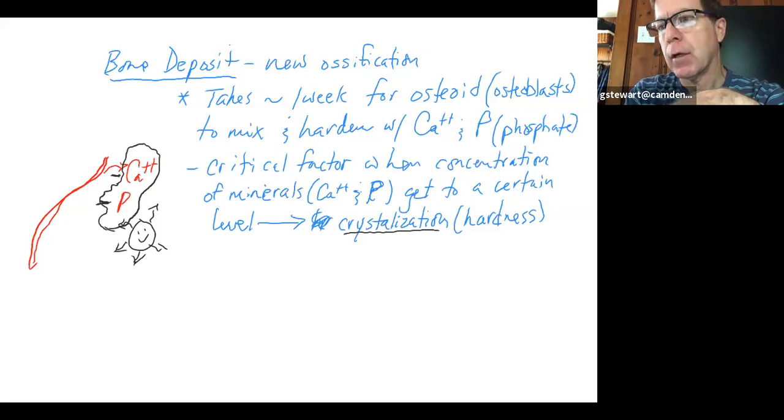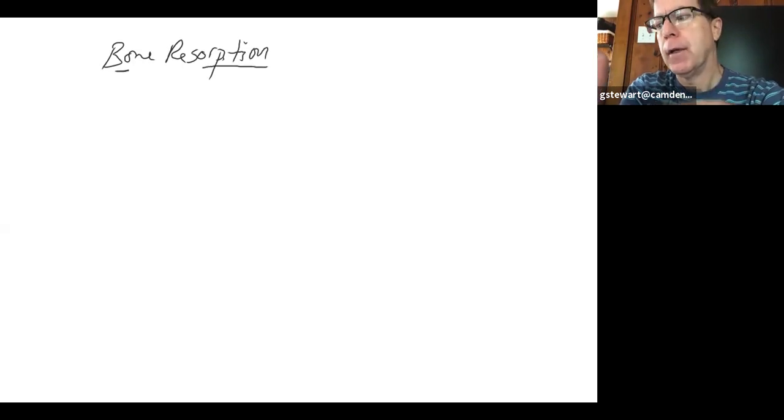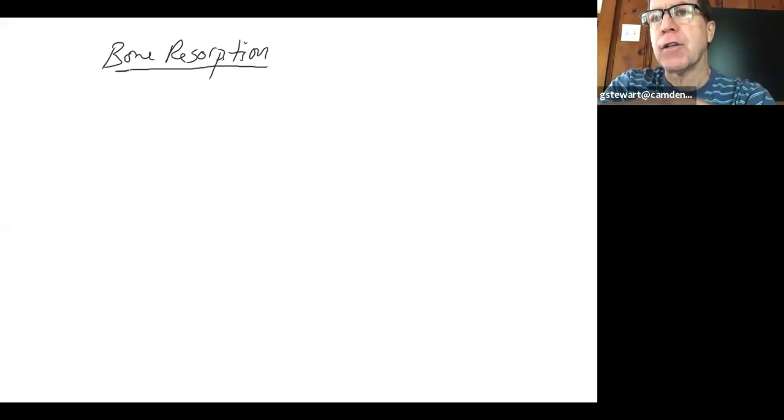The second part of bone remodeling is called bone resorption. So I'm going to go to a new screen and just write. Bone remodeling includes the process of bone deposit, which is ossification, and bone resorption, R-E-S-O-R-P-T-I-O-N. This is actually the removal or the dissolving of old bone tissue.